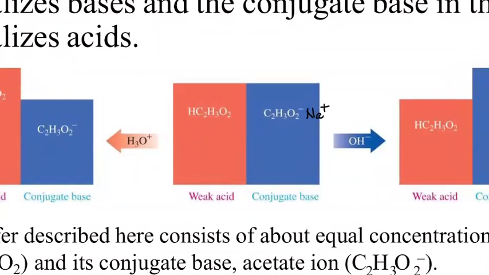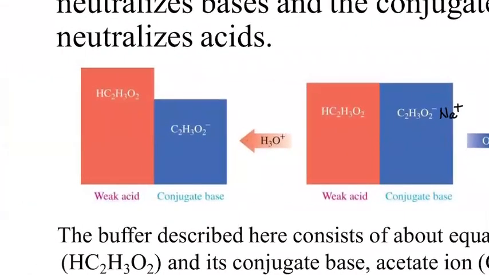When we look at the arrow that is pointing towards the left, this is the case where we add acid to the system, okay? When we add acid to the system, as you can see, you'll be like, wait, there's an increase in weak acid. Why is that?